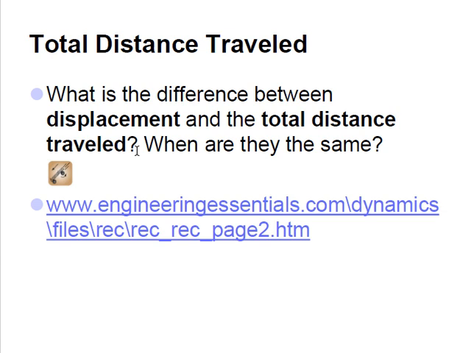It only cares about the net change in position of that particle, and not the path that it takes to get there. But total distance traveled measures the entire path that particle took.